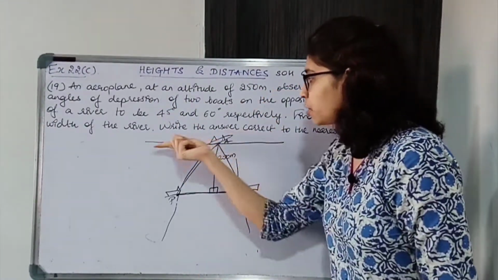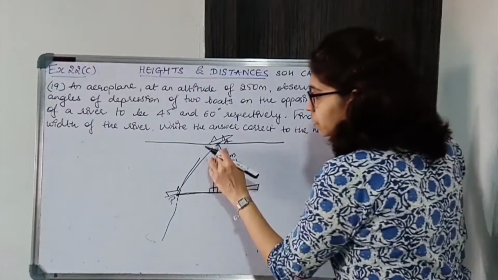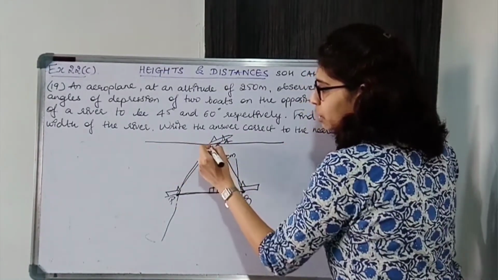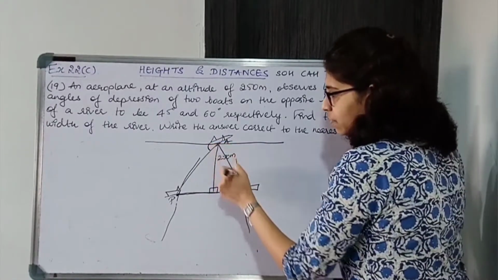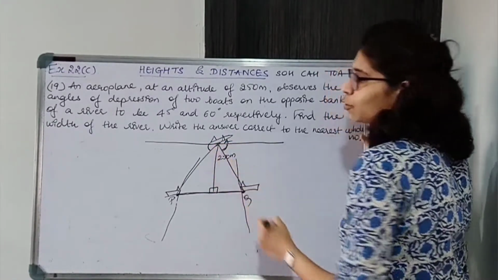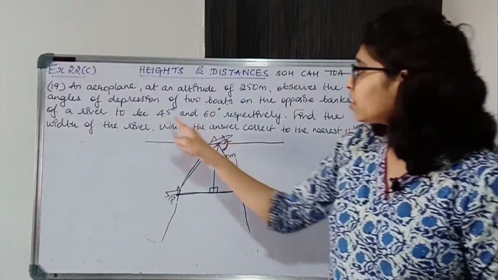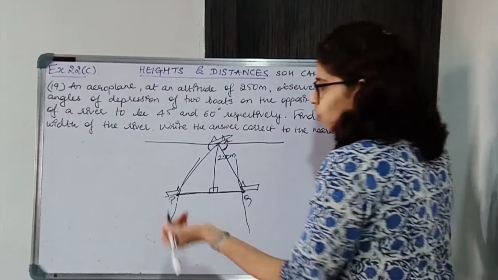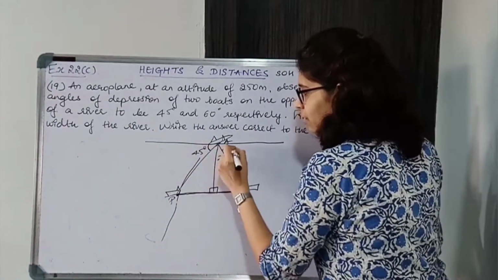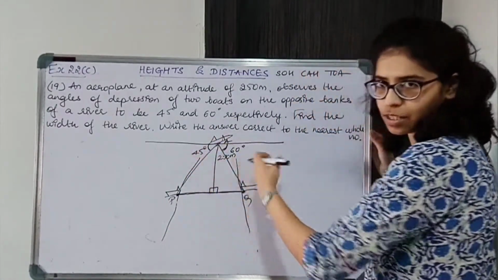So this is the horizontal. Now the angle between the line of sight and the horizontal will be the angle of depression. One boat is at 45 degrees and another one at 60 degrees. So take one as 45, another one as 60. You can take it the other way around also.